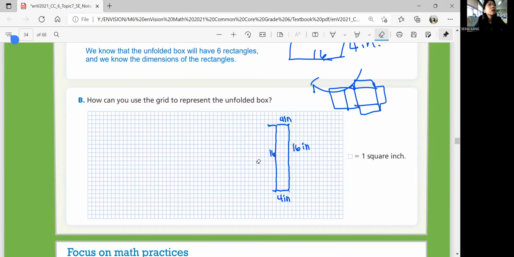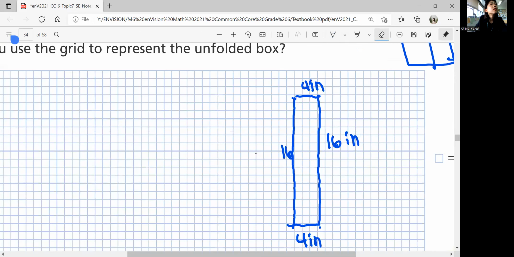Let me zoom in. 1, 2, 3, 4, 5, 6, 7, 8, 9, 10, 11, and 12. That's going to be 12 inches. And I count the same 16 inches over here. And this is the 12 inches by height.